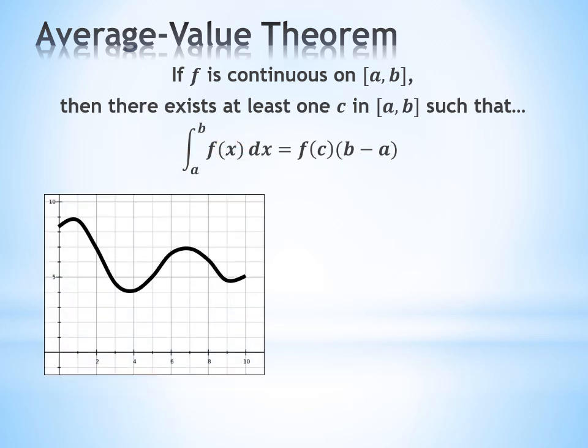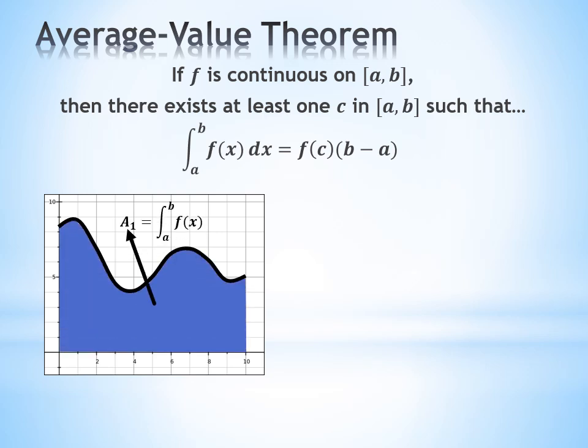So let's say we have a function like this and we're going to find the area, then we're going to take the integral of that. Now there is some value right here, right in the middle. If we know anything about averages, then that means an average value has some above and some below. So if we take a function and basically make a rectangle out of this, we can actually see that some values on the y-axis, or on the function itself, are going to be equal.